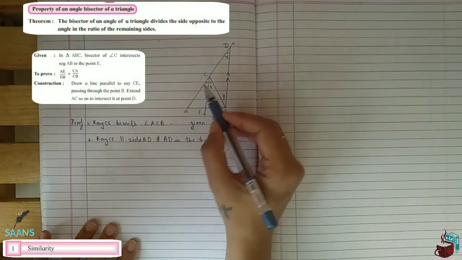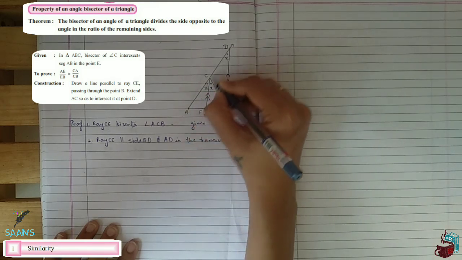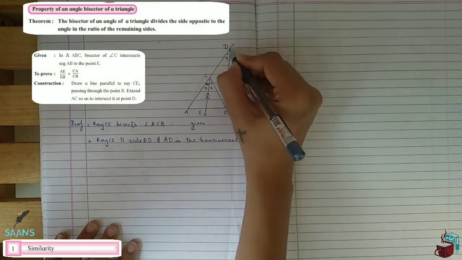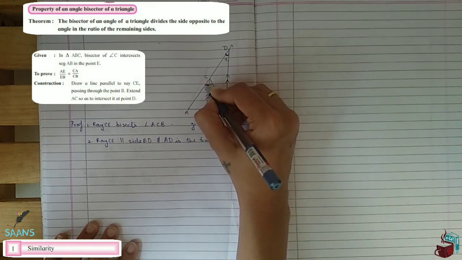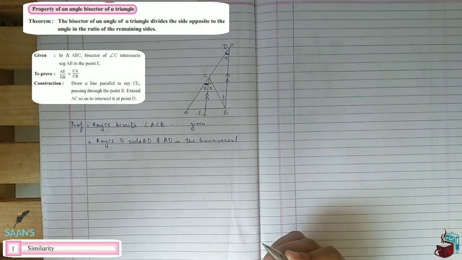So if this is the thing, now see, try to understand. If AD is the transversal and this is parallel to this, then this angle will be equal to this angle. Why? They make a ladder, meaning corresponding angles.